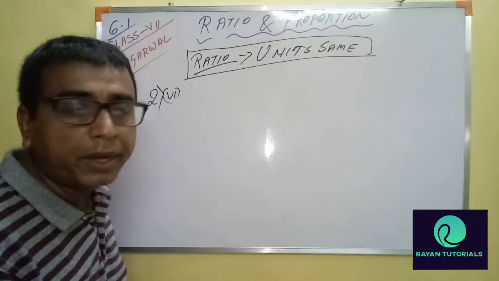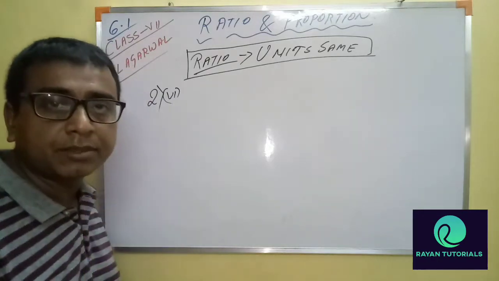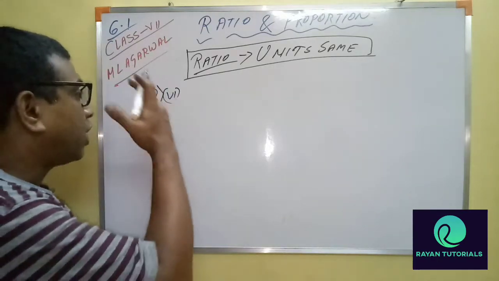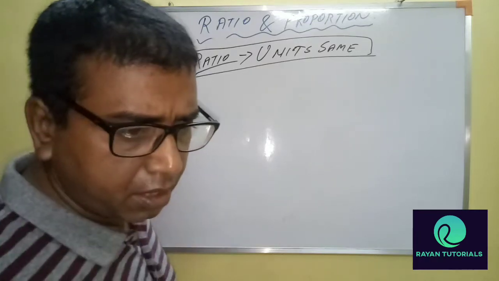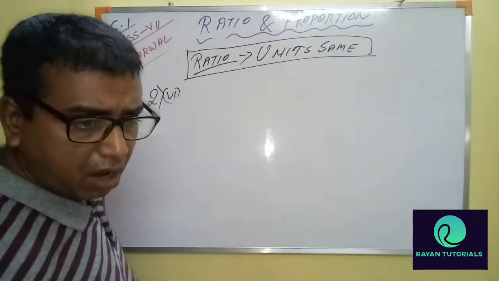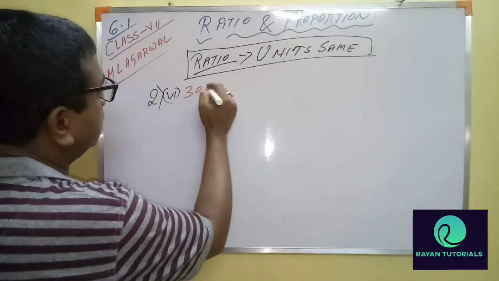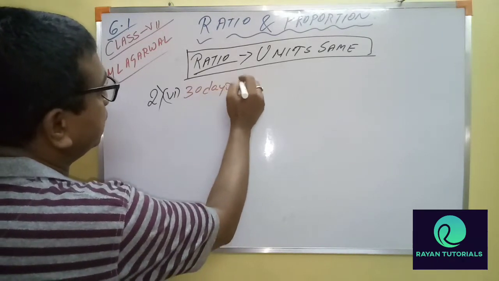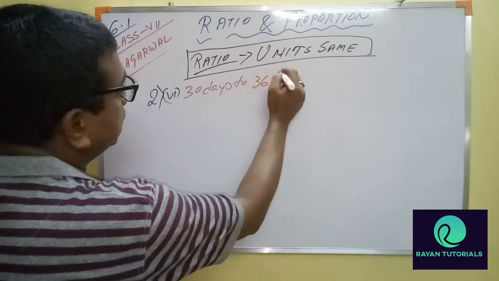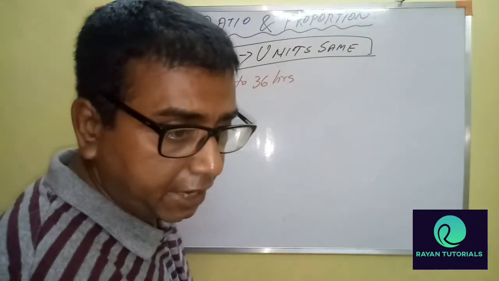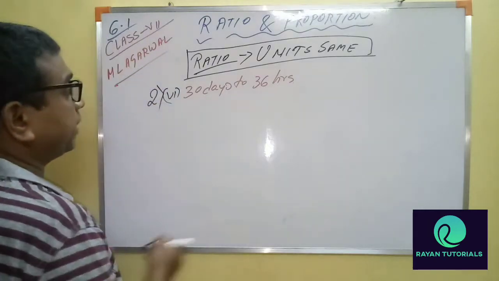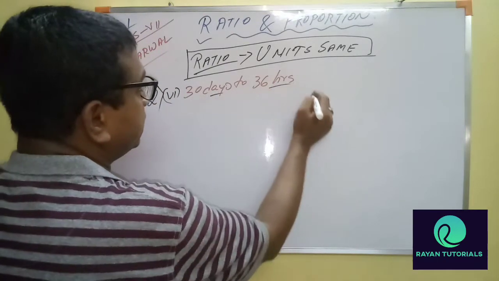The last sum. Normally you students think that the last sums are the hardest sums, right? So I am doing the last one. The question is 30 days to 36 hours. Now see, here is days, here is hours.